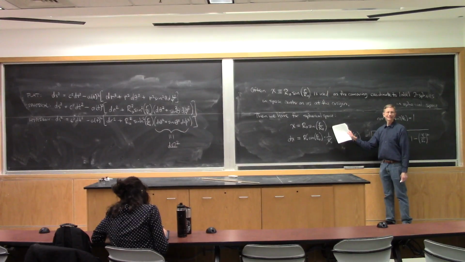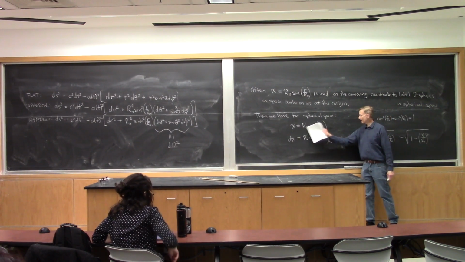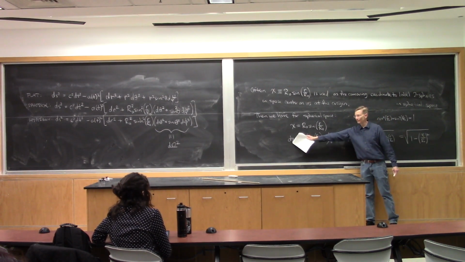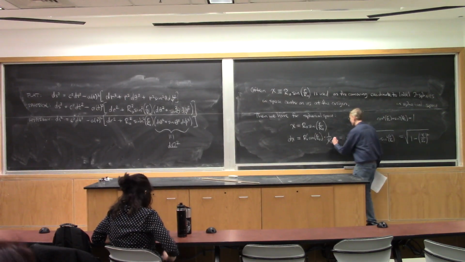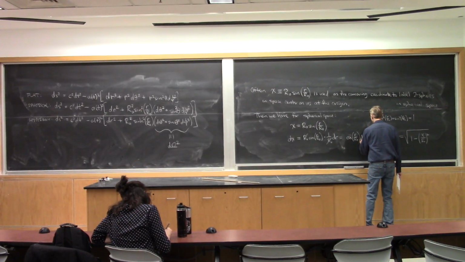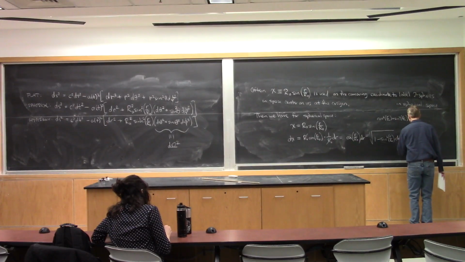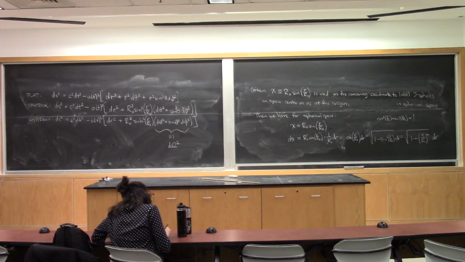I'm tired. I forgot one piece. I differentiated, so dx is blah, blah, blah. Can I only have a differential on one side? I need what over here? dr, I need the dr, absolutely. dr is everywhere.